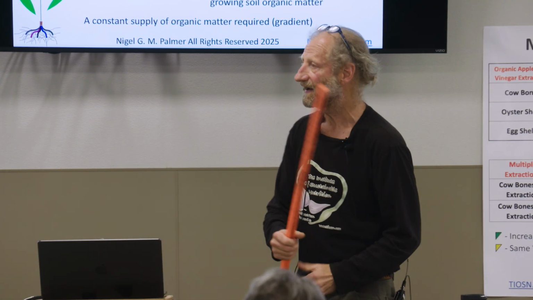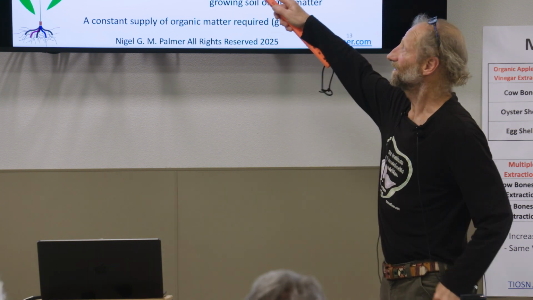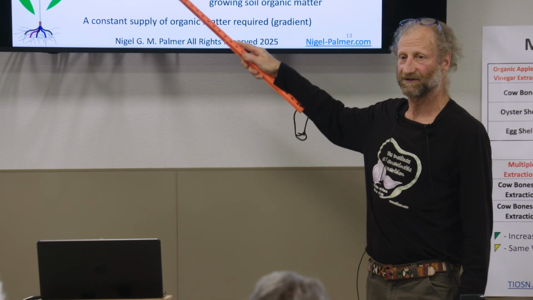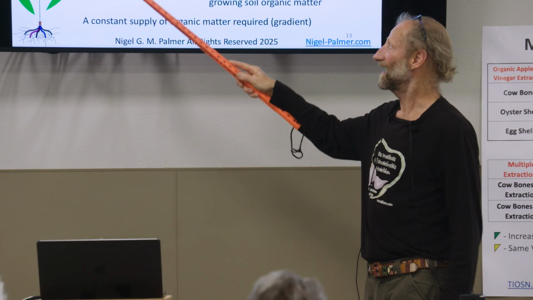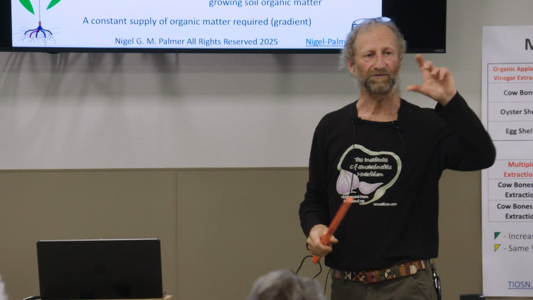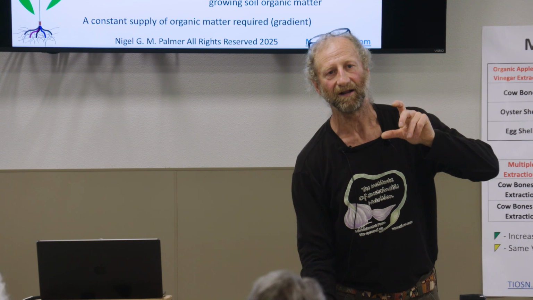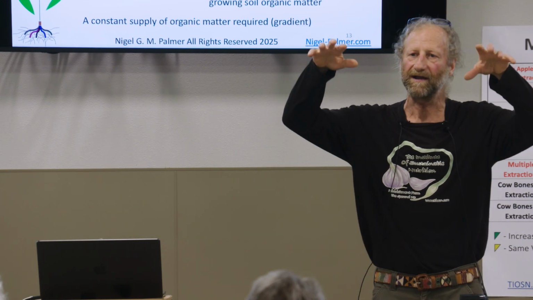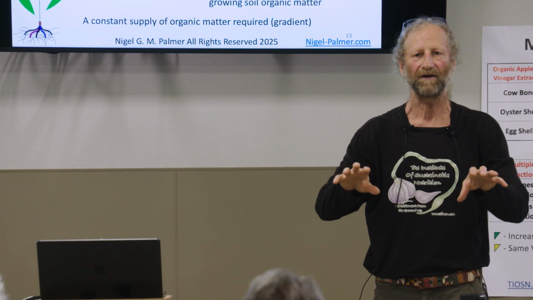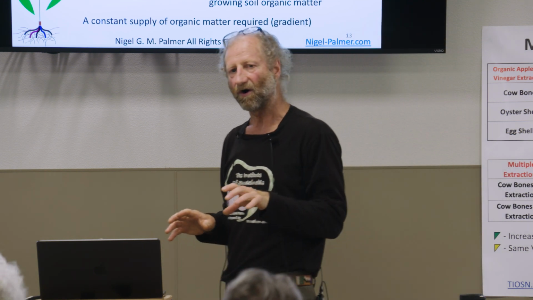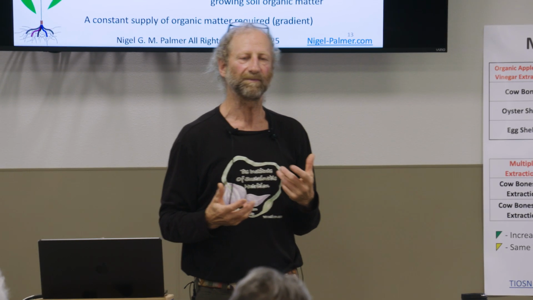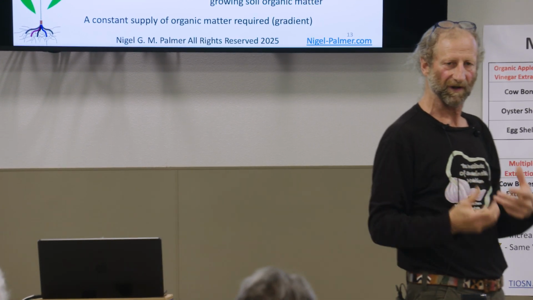And the cartoon that I have here is depicting a gradient of organic matter. We need to have that top layer of structural organic matter on the top, but we need to have this gradient of organic matter going down deep into the soil. This is what's giving us the capability to hold on to water.